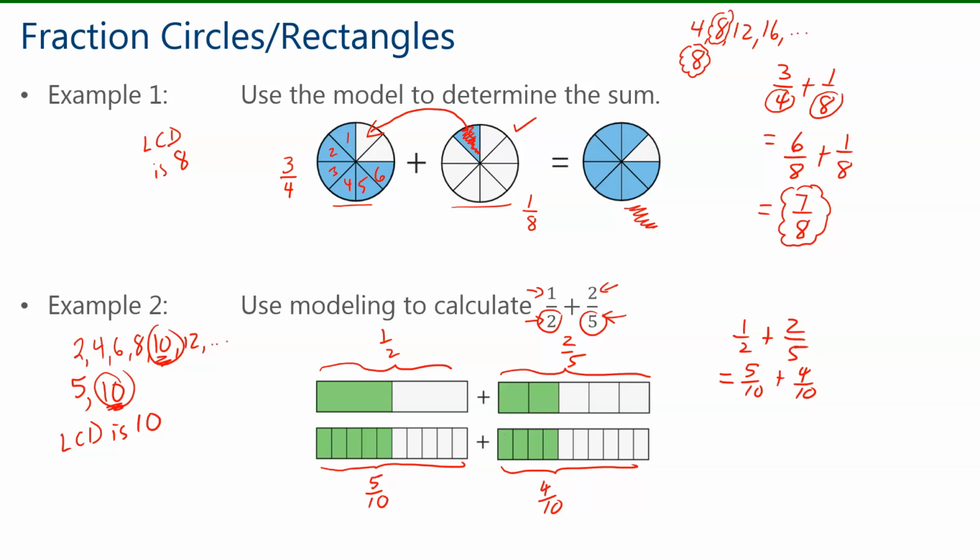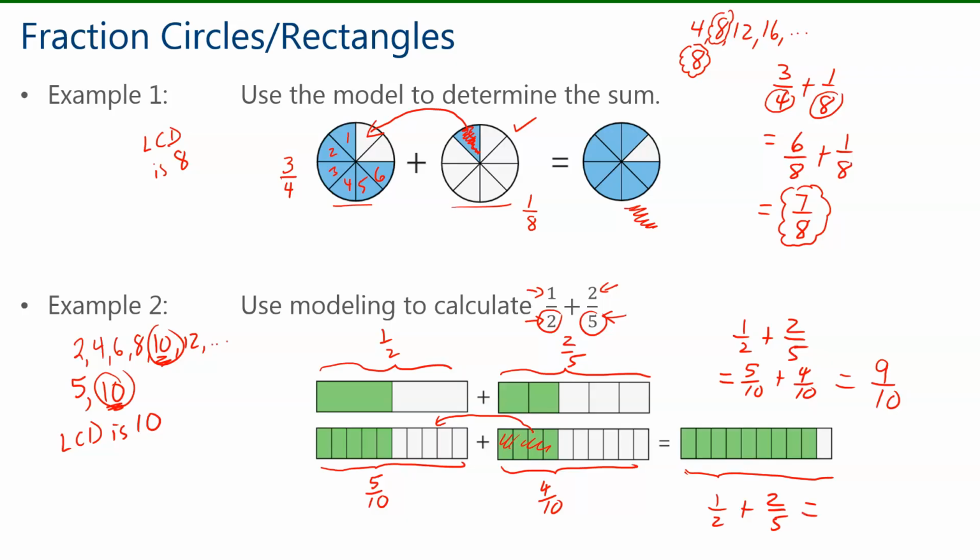And if we take this shaded part here and put it over into one whole, then we end up with, and if we count up those equal sections in that final whole, we see 9 out of 10 shaded. So 1/2 plus 2/5 equals 9/10. And that is in simplest form.